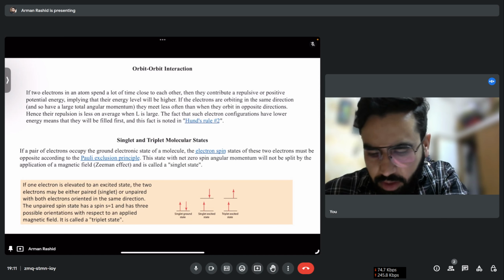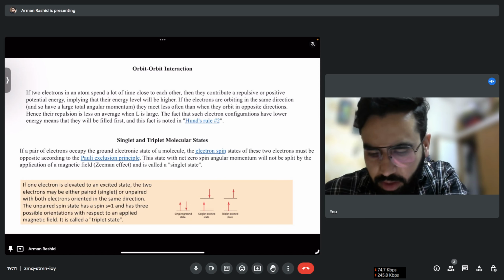If we have two electrons whose angular momentum is in the opposite direction, that means one electron is moving rightward and another electron is moving leftward. That is the reason their angular momentum will be opposite to each other. When they are moving opposite, they will meet more often, because one is moving clockwise, another is moving anti-clockwise. Once they meet more often, this electron repulsion will occur. As a result, the energy will increase.